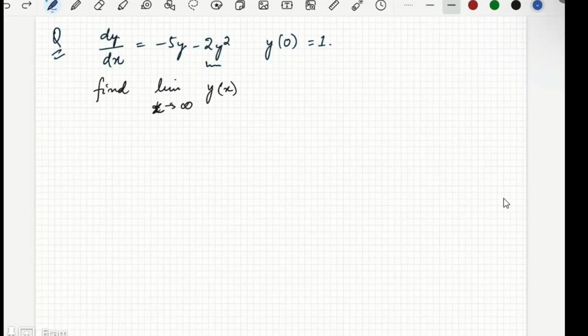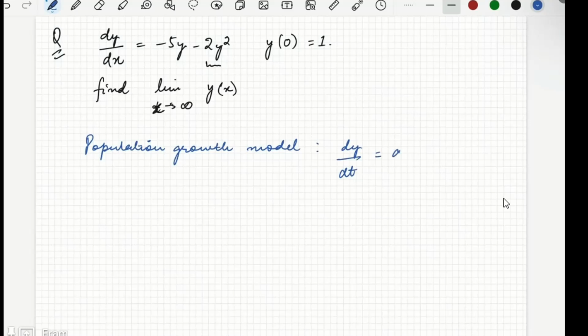So if you remember the population growth model, how have we modeled it? It was dy by dt equals ay, if we have a linear or exponential growth.